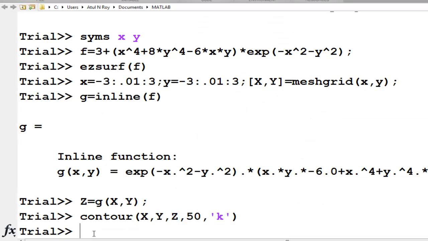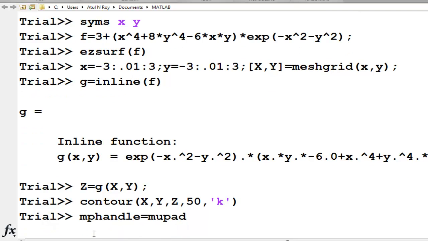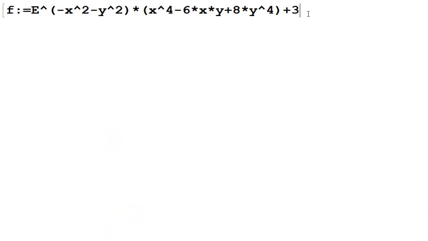So let us open a MuPAD window by just typing mp handle equals mupad, and a MuPAD window will come up. What we are going to do is first enter the expression of the function in MuPAD.